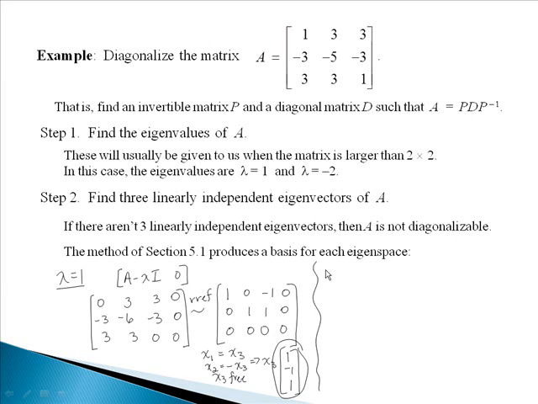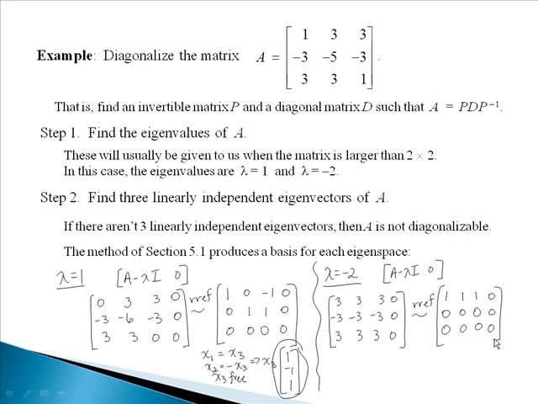And now let's look at lambda equal -2. We're going to again set up A minus lambda I and then 0 in our augmented matrix. And we'll have this matrix here, which we want to row reduce to get this matrix here. And so we see that we have x1 is equal to negative x2 minus x3. x2 is free, and then x3 is also free.